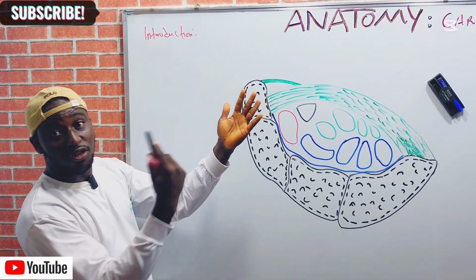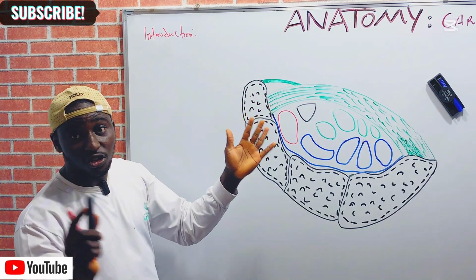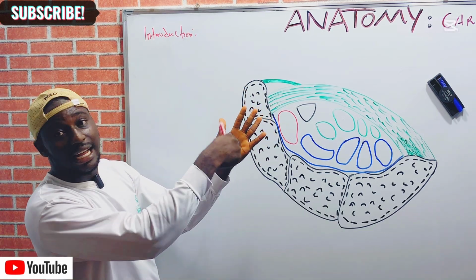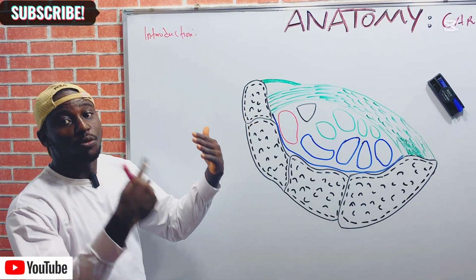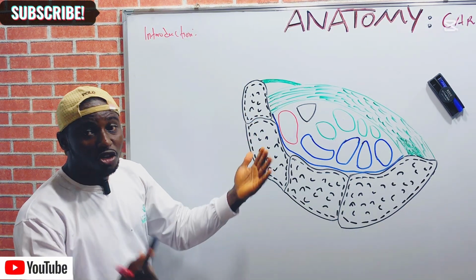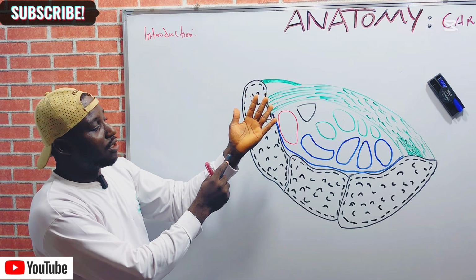It is not all the structures that enter the palm that pass through the carpal tunnel. For some structures to enter the palm, they have to pass through the carpal tunnel.